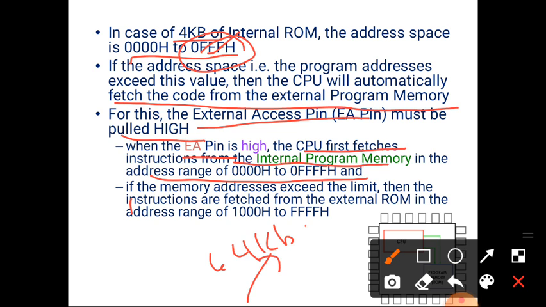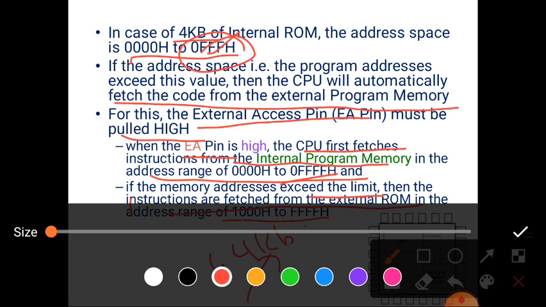So if EA bar is equal to 1, then it fetches the instruction from the internal program memory. If the memory address exceeds the limit, then the instructions are fetched from the external ROM in the address range from 1000H to FFFFH. Then EA bar goes low.